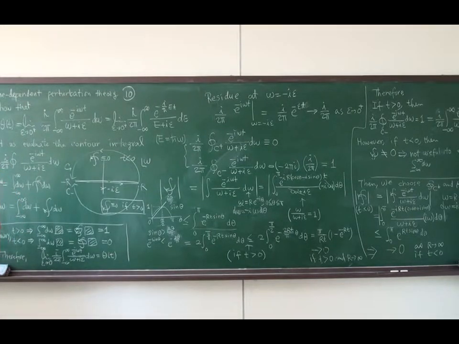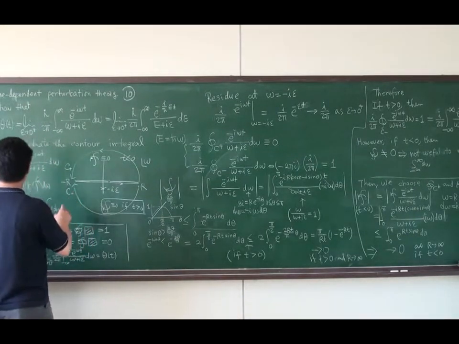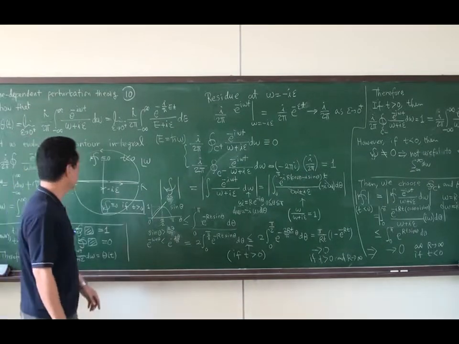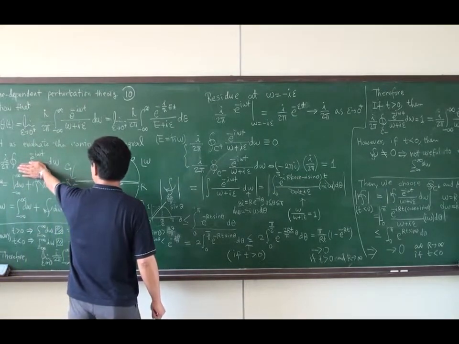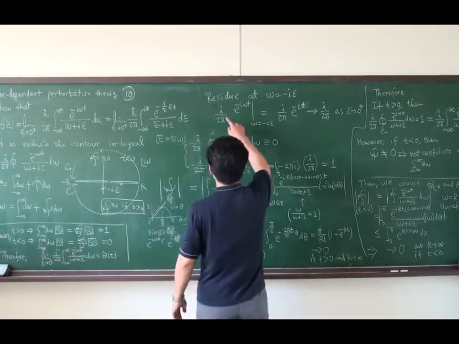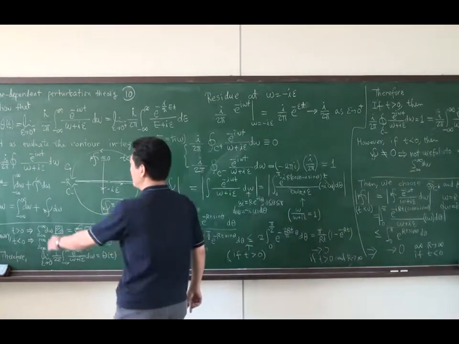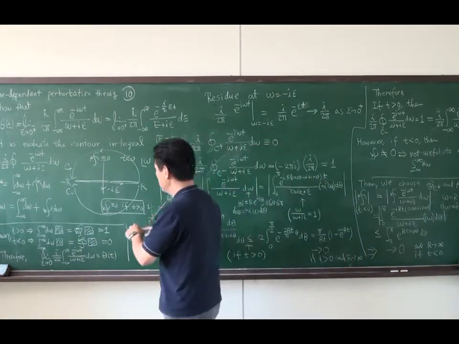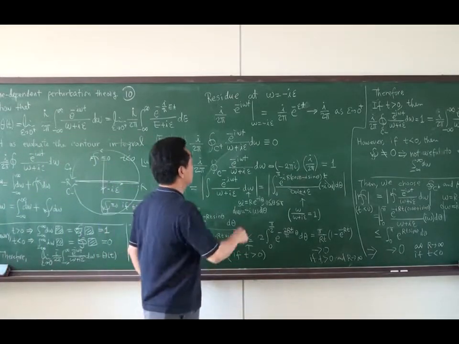First of all, we have to find the residue, and we find that the residue appears only at omega equals minus i epsilon. The residue can be found by substituting omega with minus i epsilon. Without the other factor, I have i over 2 pi as the overall factor, and omega is substituted with minus i epsilon here.